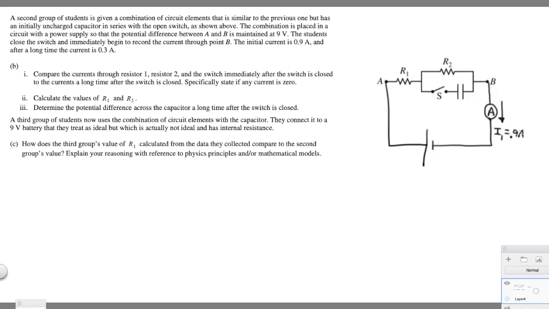That was 0.9 amps. And then 2 means a long time after, which is 0.3. Okay, so how do we calculate these values?